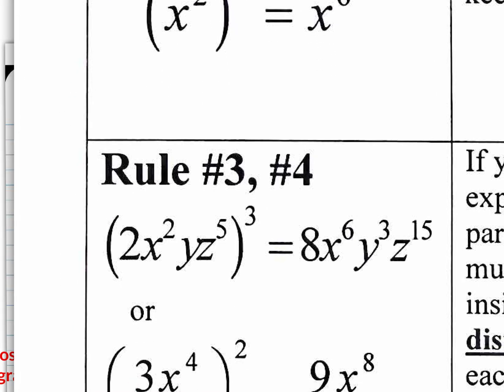If you have a monomial on the inside, what do I mean by monomial? It's just one term: 2x squared y to the 5th. It doesn't say 2x squared minus y to the 5th or 2x squared plus y to the 5th. It's just a monomial to the third power. So when you have a monomial to a certain power, you could distribute the outside exponent to each inside exponent. So that 3 gets placed on the 2.